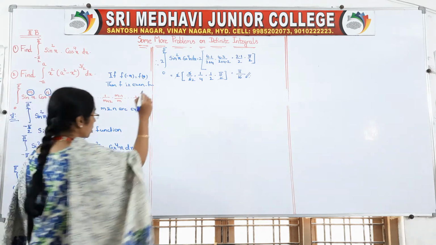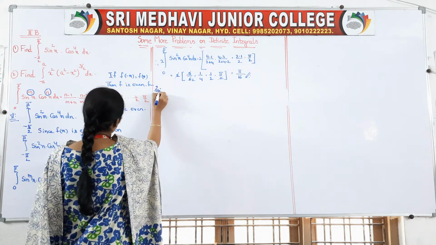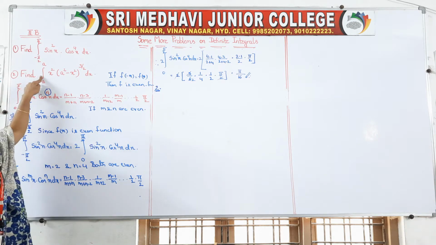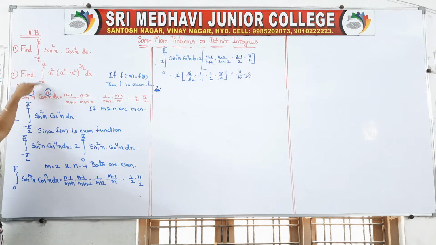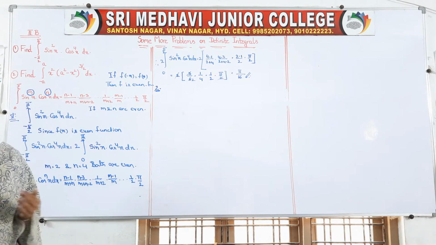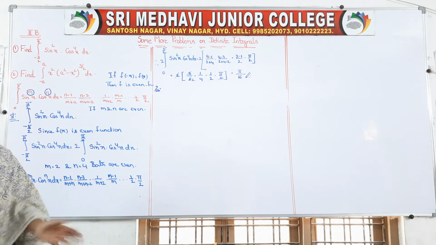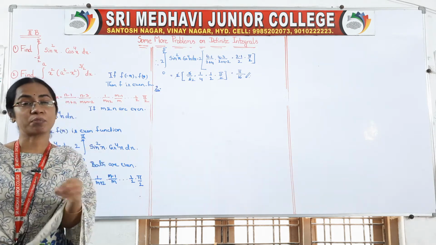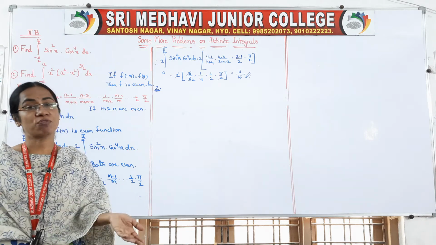Okay, so now come to the second question. So what is your second question? Find the integral. See, again this is a negative value, this is a positive value. Whenever the limits are minus a to a, what I said, check whether the function is an even function or an odd function. In the given function, x is in the form of x square, which means it will definitely become an even function. Why?